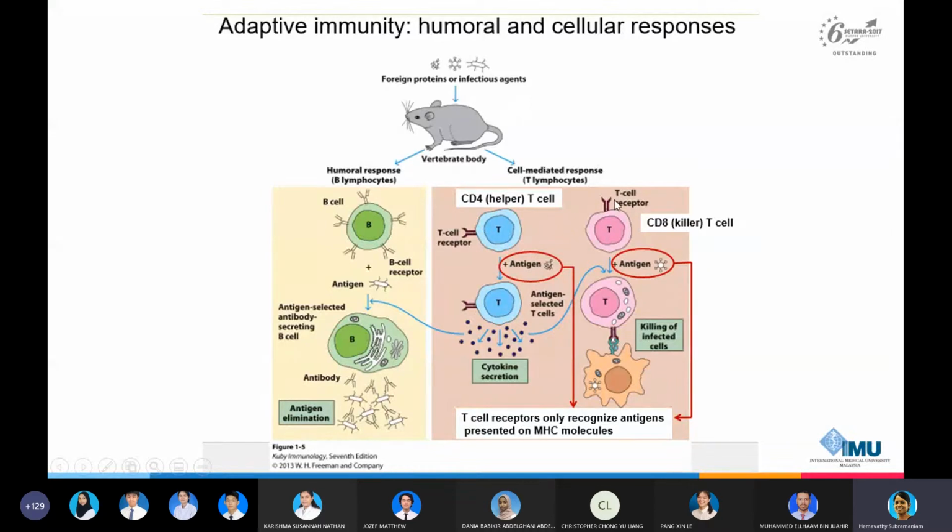There's direct killing of the infected cell. Here, your T helper cells release cytokines. I've given you examples of cytokines just now, IL-2, IL-4, IL-6, for example. And the general rule here is that T cell receptors can only recognize antigen presented on MHC molecules. So that is the general rule.